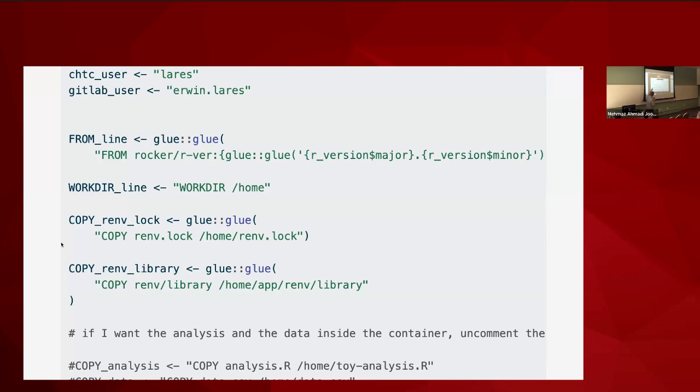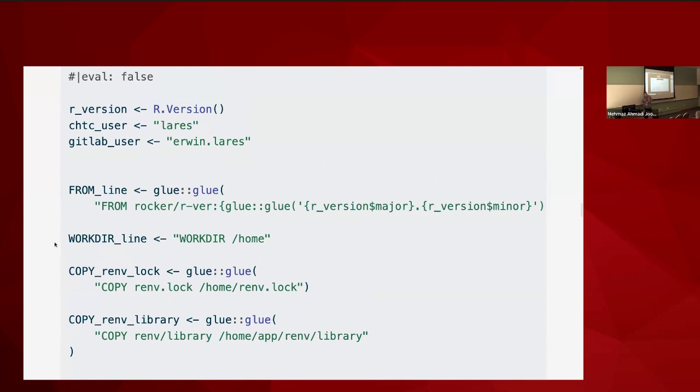So what this line here does, from rocker and the rocker project, r-ver, is that it grabs that R version and pastes the value there for the major and minor version of R. And so you grab what you need and you make sure that it was working on your computer. Now it will work here. Questions? No.